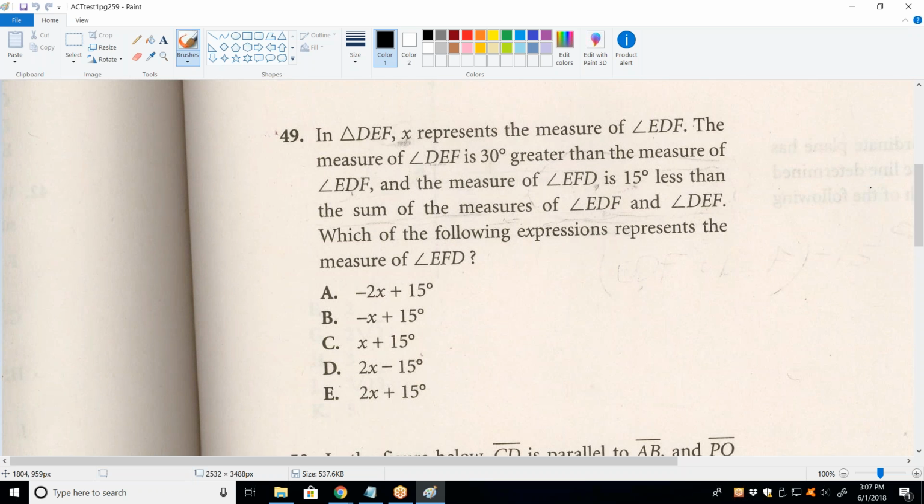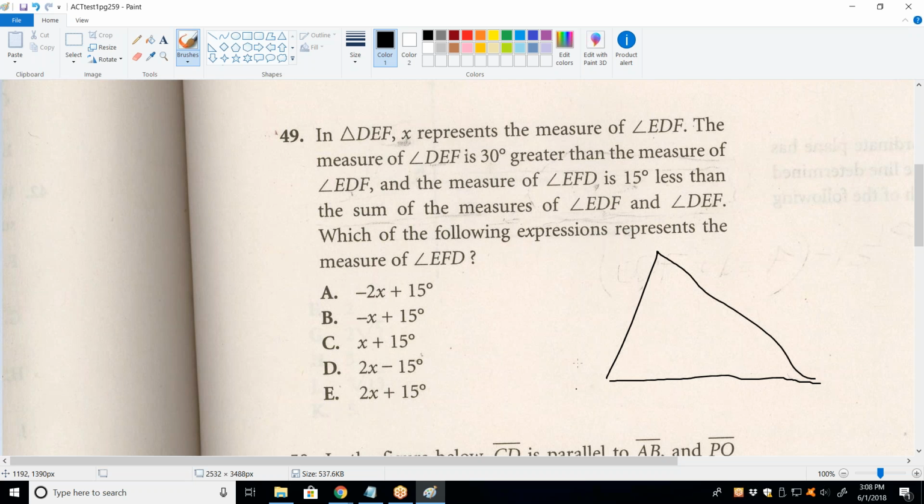Easy, medium, or hard? I feel like I could do it. I just have to write out stuff. It's easy. Yeah, let's just draw a triangle and start labeling some of these.